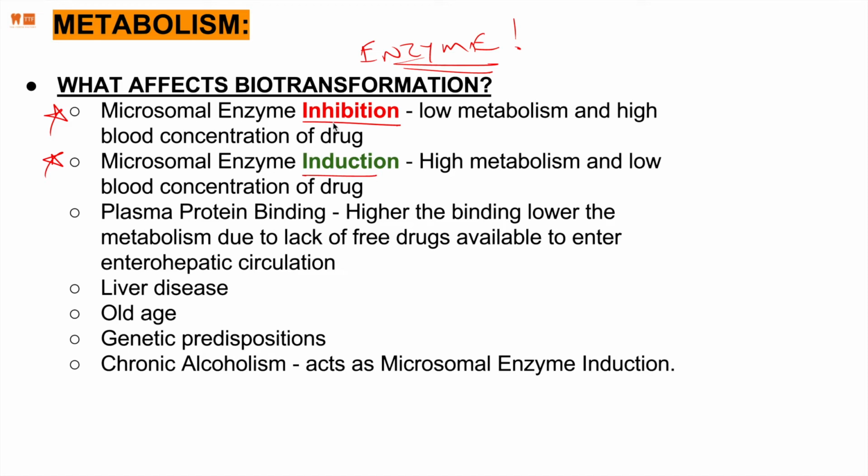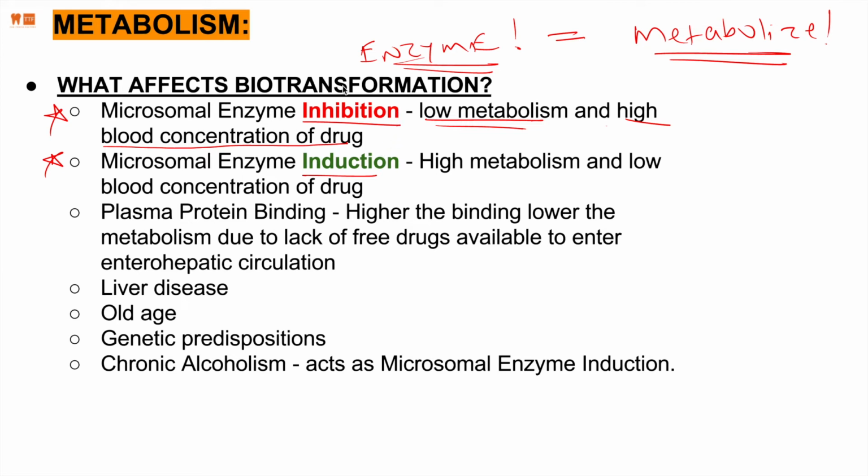So what is microsomal enzyme inhibition? Remember, these enzymes will conduct the metabolism. So the inhibition means low metabolism and high blood concentration. Remember, the purpose of the liver and its enzymes was to reduce the drug from the blood and get it ready for elimination.